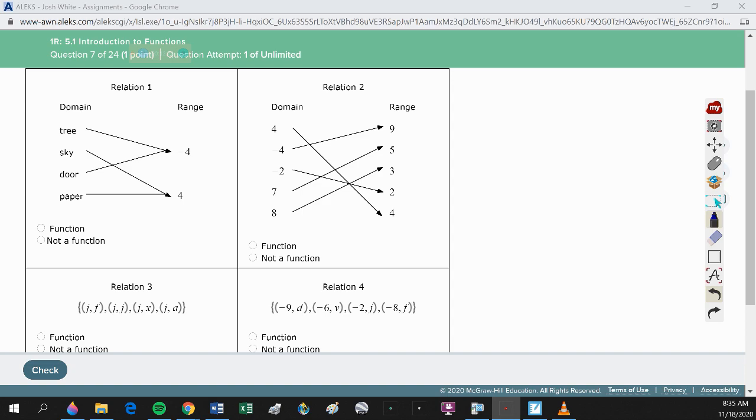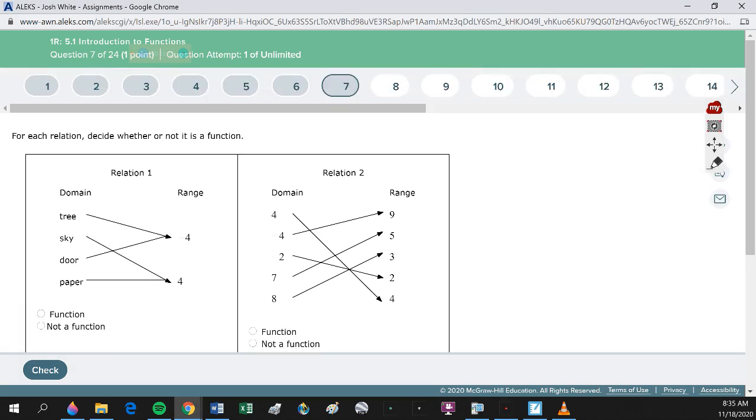Okay, what about relation 3? JF, JJ, JX, JA. Definitely not. Okay, relation 4. Yes. Okay.